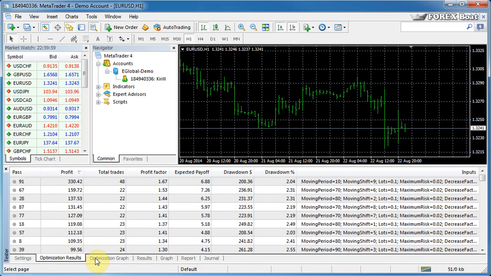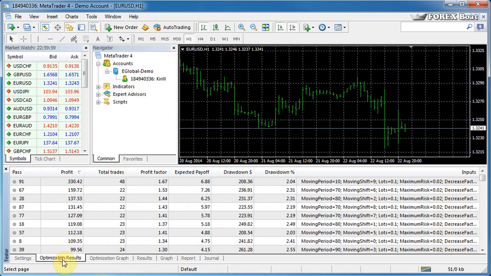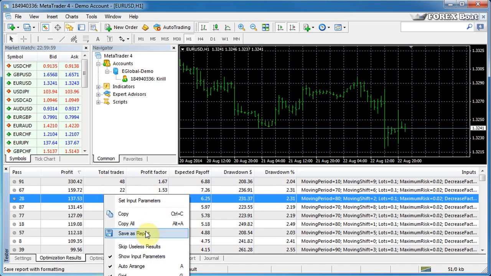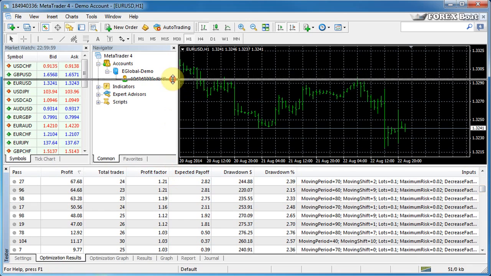Now, I would like to mention that if you see fewer results here, you have to right click and make sure that this checkbox is off, skip useless results, because if it's on, then MetaTrader 4 won't show you results that did not make a profit. So I'll just expand this quickly so we can see more.